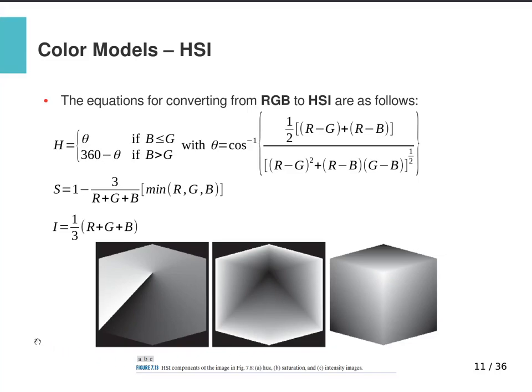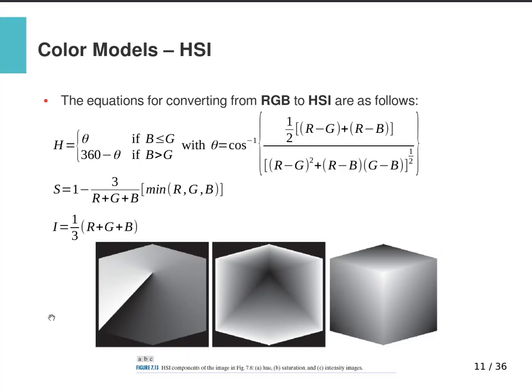Here in this figure, you see the HSI components of the 24-bit color cube that you saw in a previous slide. One thing that you may notice instantly is that we have this discontinuity in the presentation of hue that can introduce some major challenges when we want to process color images that are represented in HSI color components.